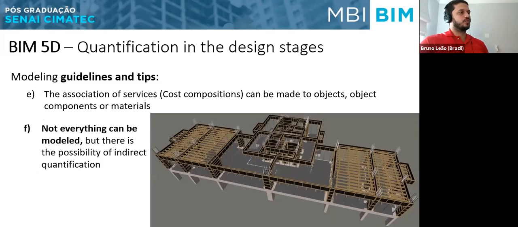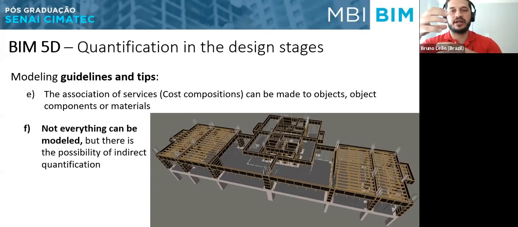And another tip is that the association of services or cost compositions can be made to objects, components or materials. I usually use the cost compositions linked with the objects.